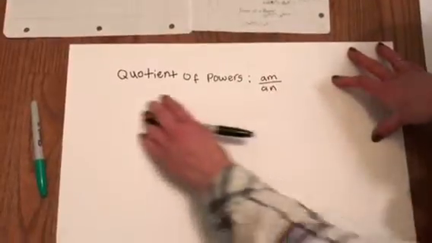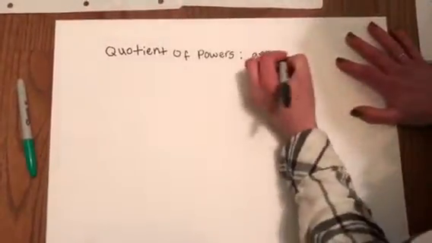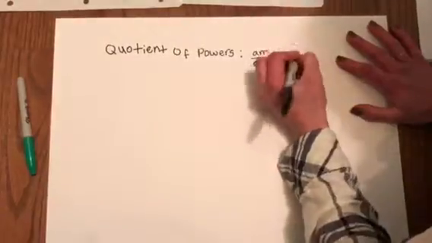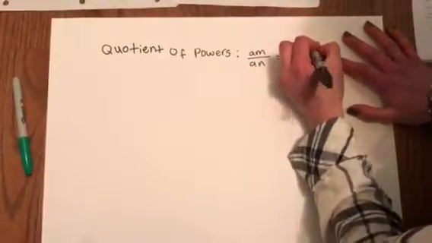This is an equation for quotient of powers. This equals a to the m minus n.